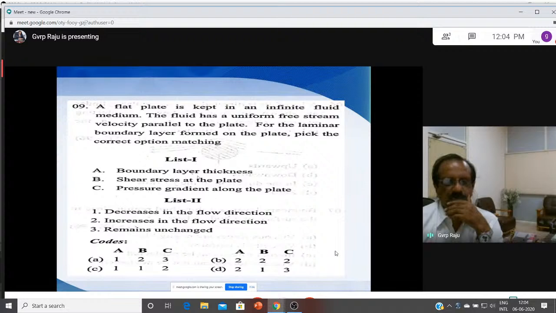And shear stress on the plate decreases in the flow direction, and the pressure gradient along the plate is the same. So the answer is D here for 9. You have the explanation here, A, B, C, what exactly happens.